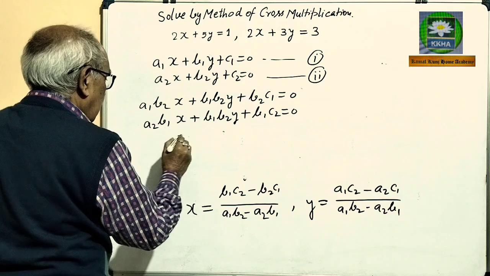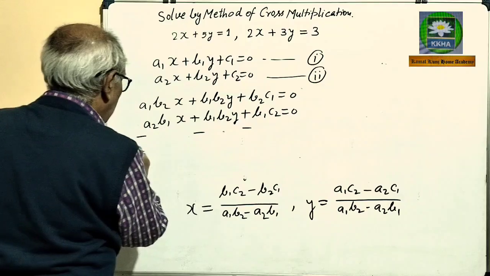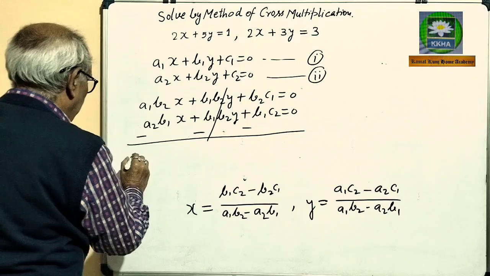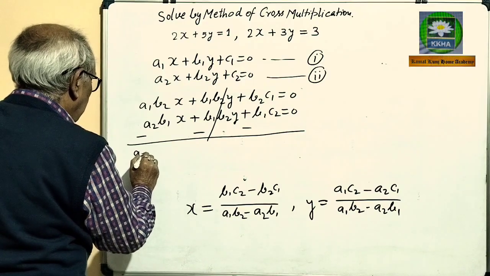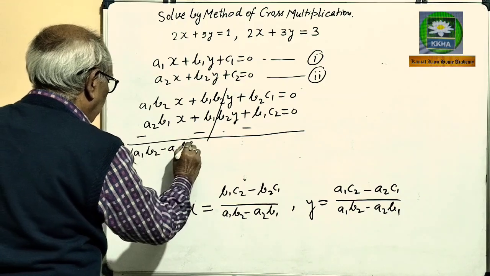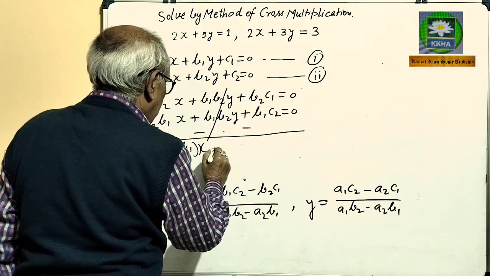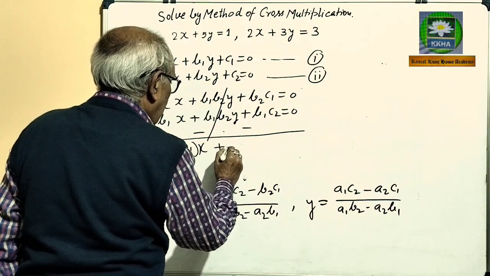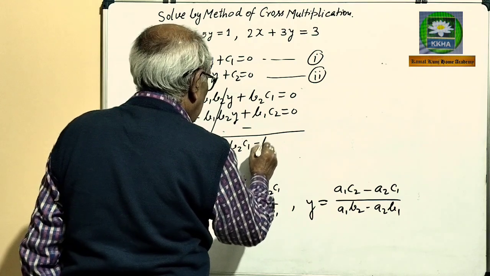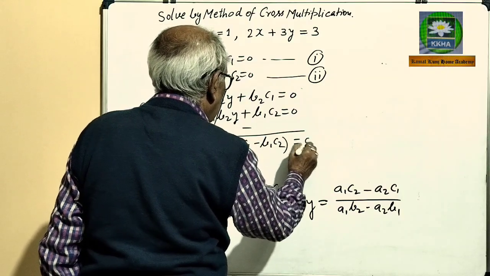Now subtract. This will cancel out. So here it is a1 b2 minus a2 b1 times x plus b2 c1 minus b1 c2 equal to 0.